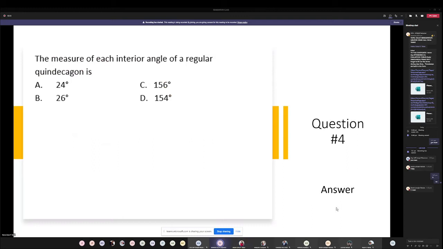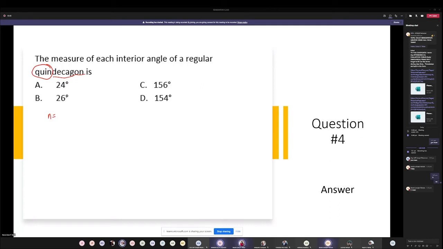Next, the measure of each interior angle of a regular kindecagon. So the suffix is decagon, which means 10. So we have to add a number corresponding to the kin prefix to 10. So how many sides does a kindecagon have? 5.